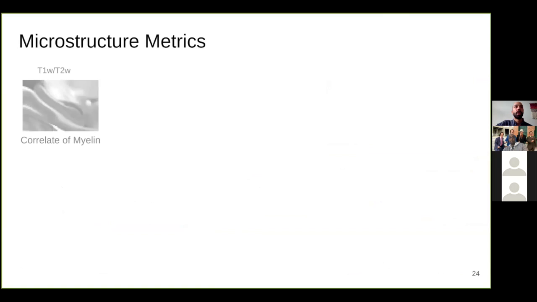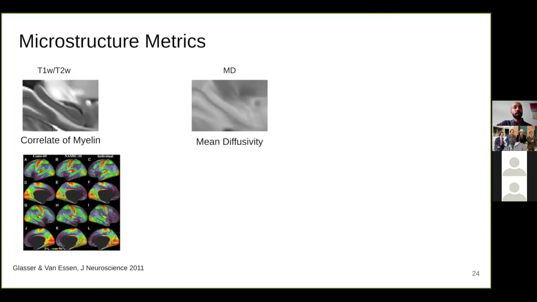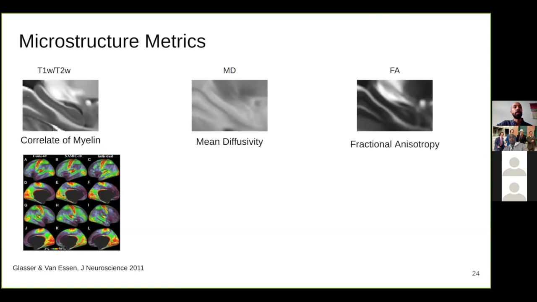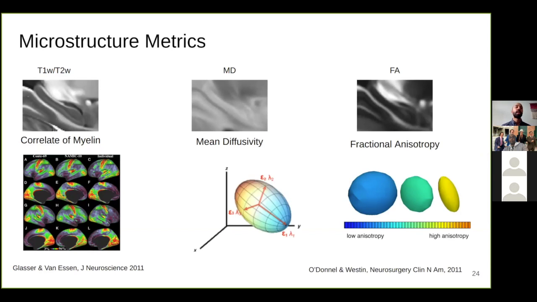And so the metrics I used were the T1 ratio of the T1 over T2 weighted signal, which is a correlate of myelin. And I also used mean diffusivity and fractional anisotropy from the diffusion weighted imaging data. So together, these three metrics gave indices on a voxel by voxel basis of myelin, as well as axonal density and organization in the hippocampus.